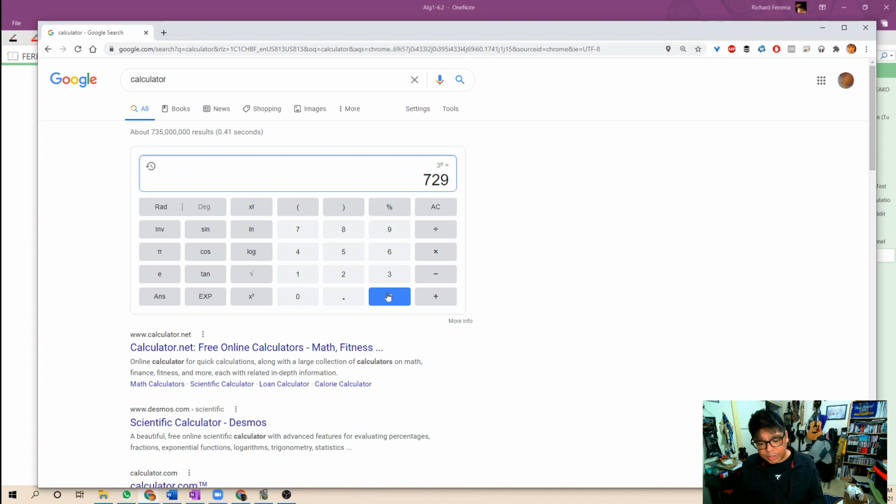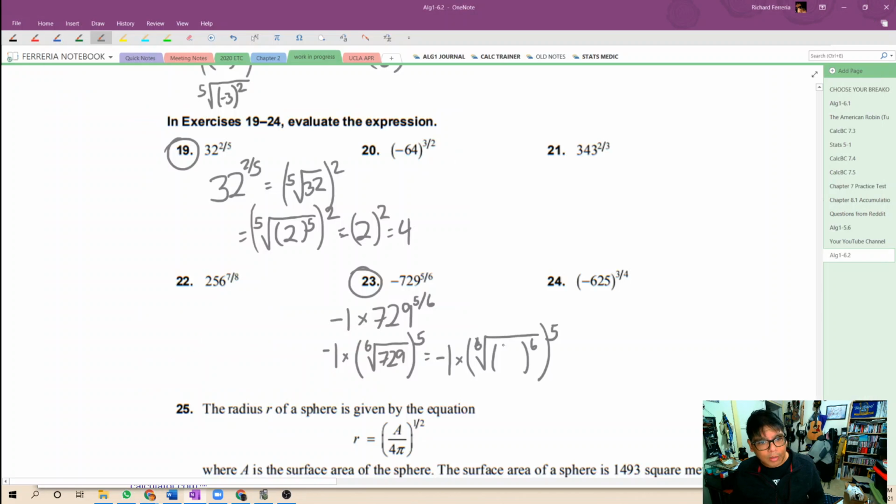So 3 to the 6th power works. Right, so this is 3 to the 6th power. Now, the 6 and the 1/6, they are inverse operations. So my result is -1 multiplied by 3 to the 5th power.